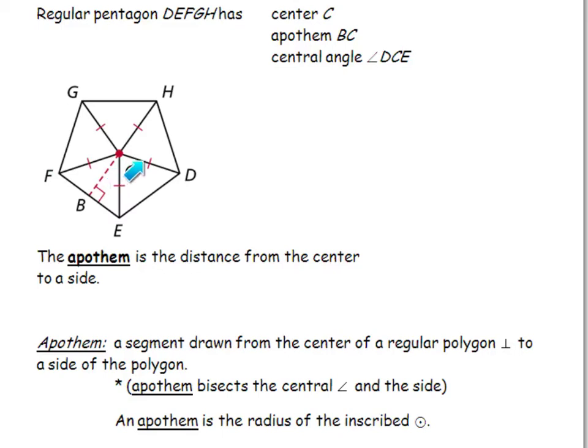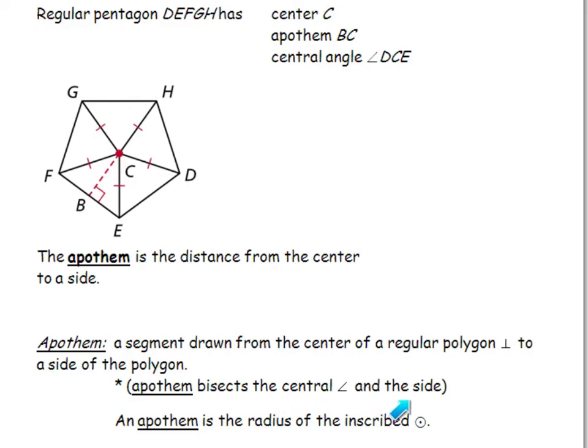Now, we're going to talk about this thing called an apothem. Apothem is the distance from the center to the side of a polygon. And when I say distance, we're talking about that shortest line segment, so it's the one that's perpendicular to my side. That is my apothem. Now, if I draw an apothem in, you're going to notice the apothem will actually bisect the central angle.